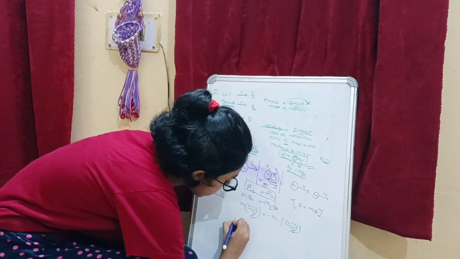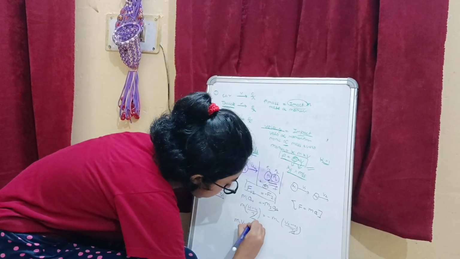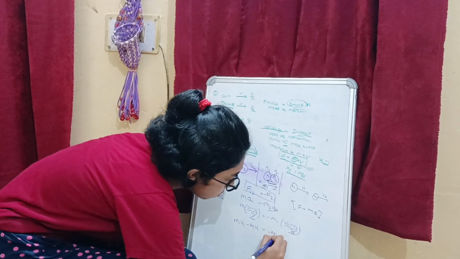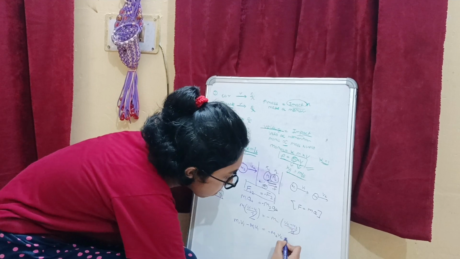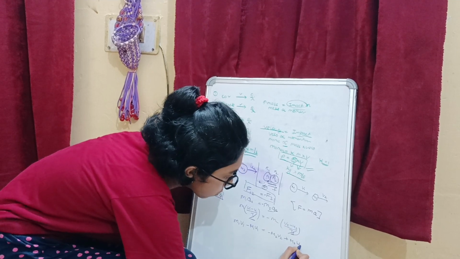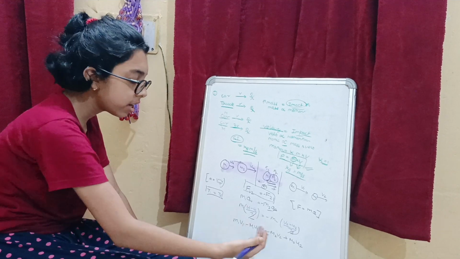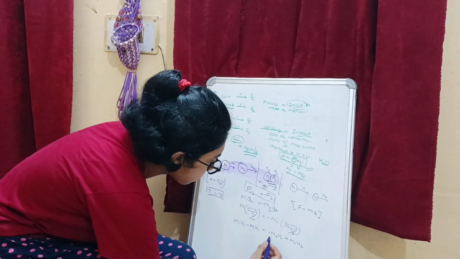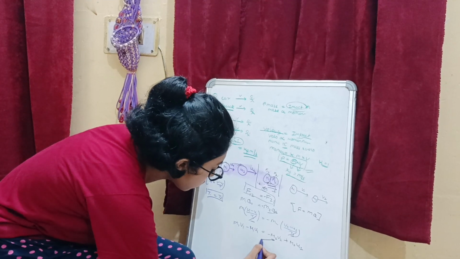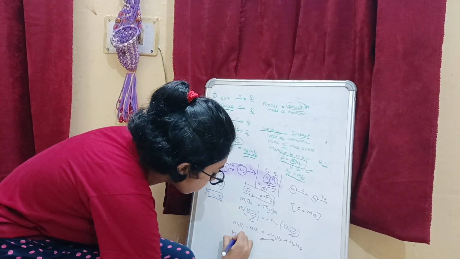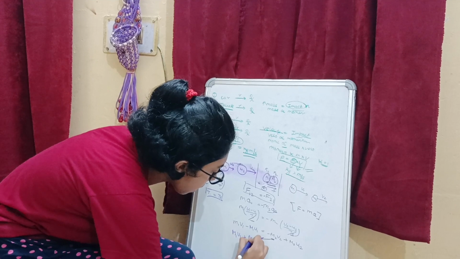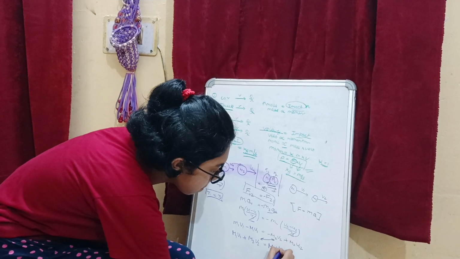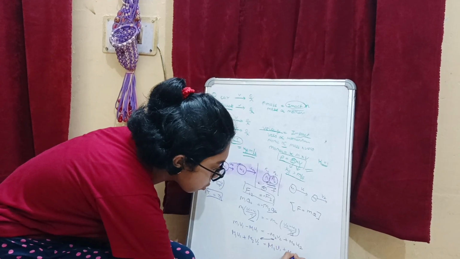Now here we can see m1 v1 minus m1 u1 is equal to minus m2 v2 plus m2 u2. Here we will rearrange it. Minus m2 v2 will go here: m1 v1 plus m2 v2 is equal to m1 u1 plus m2 u2.